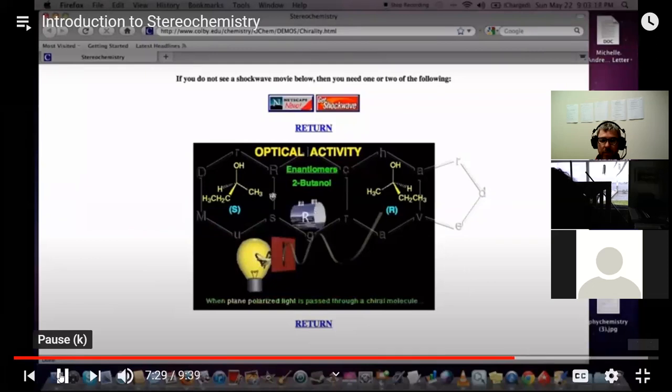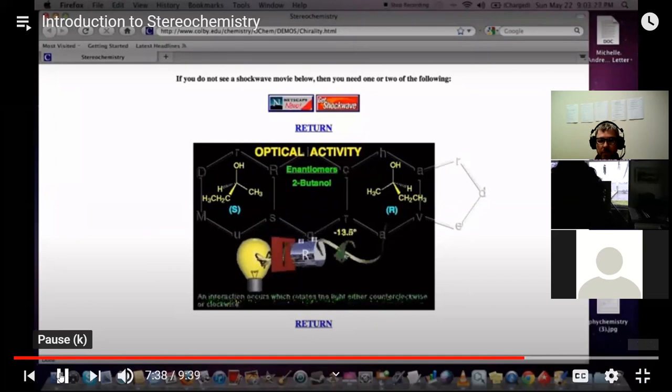Now if we take one of these, we'll take the R isomer and we stick it into a tank and we put it inside this light beam, it will actually rotate that light beam. So that's what these will do. They'll rotate the light beam. So R will rotate at 13.5 degrees. I guess it would be counterclockwise.